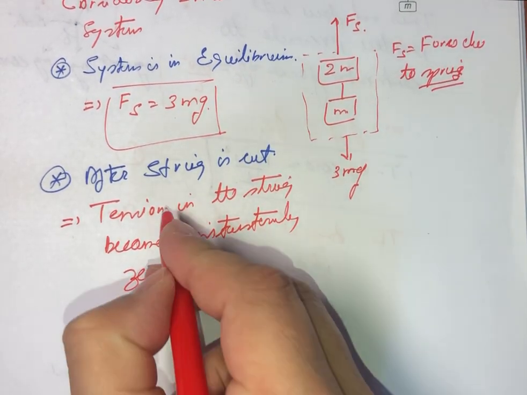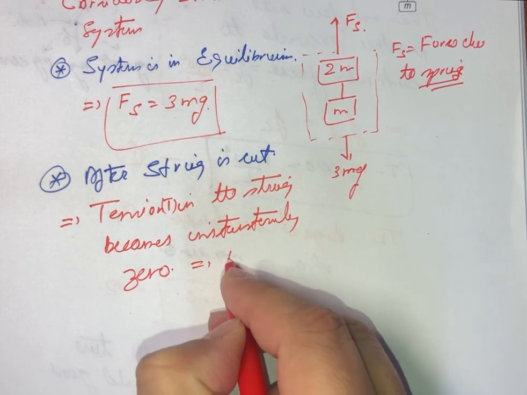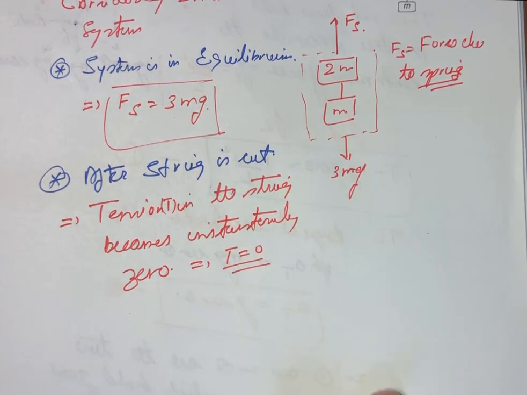So we can say tension T becomes equal to 0.